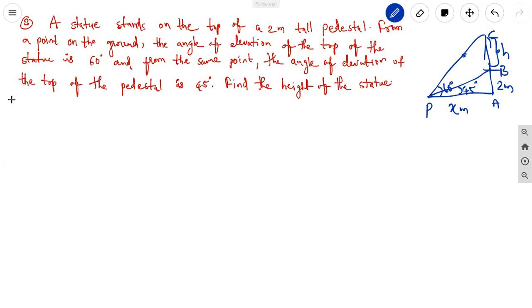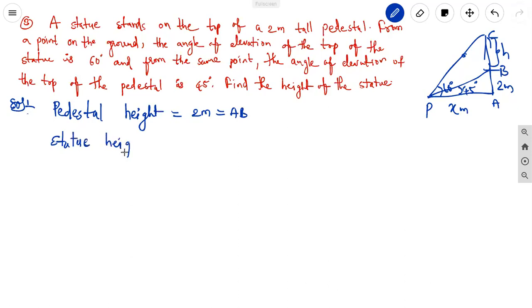Next, from this clue, we can find out the statue height. First, we can take what they have given. Pedestal height is equal to 2 meter, that is AB height. Next, let statue height be H meter, that is equal to BC.